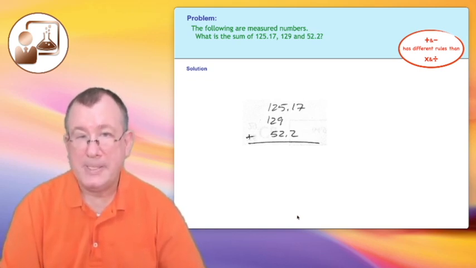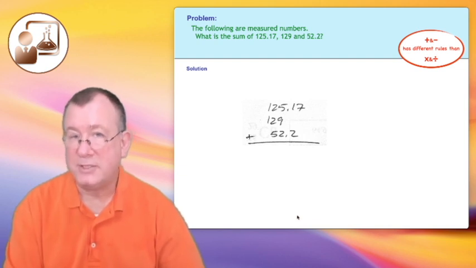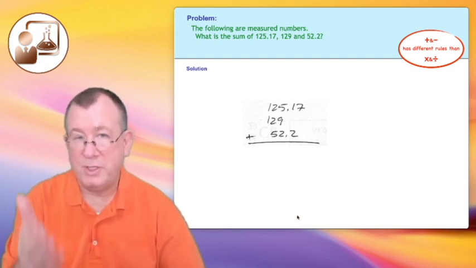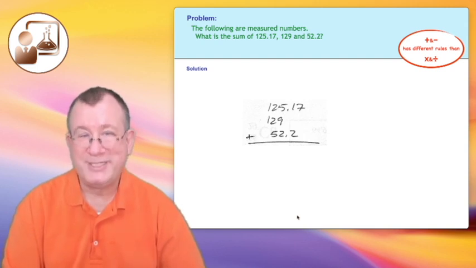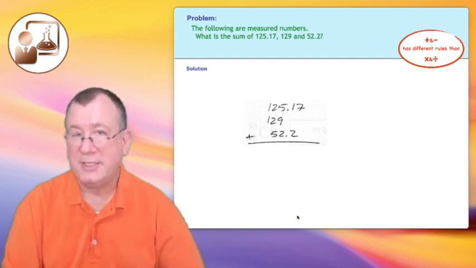Maybe. I'm going to look for where the precision runs out. Which one of those 3 is the least precise number? It's the 129, right? That cuts out after the singles. It doesn't even get into the tenths. I don't know what the tenths value is for that measurement.